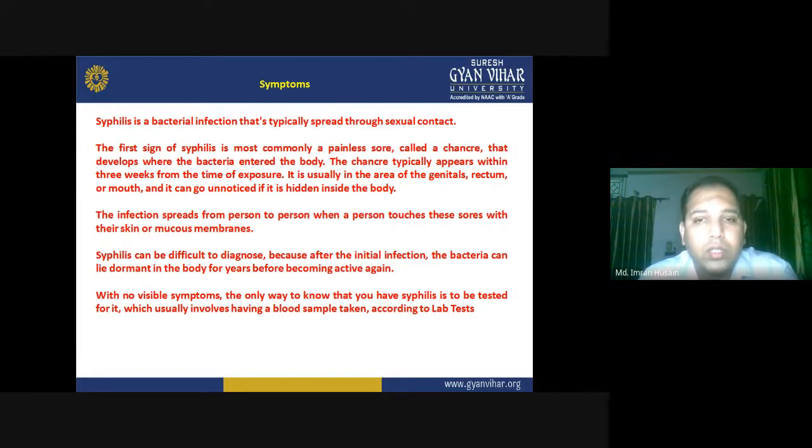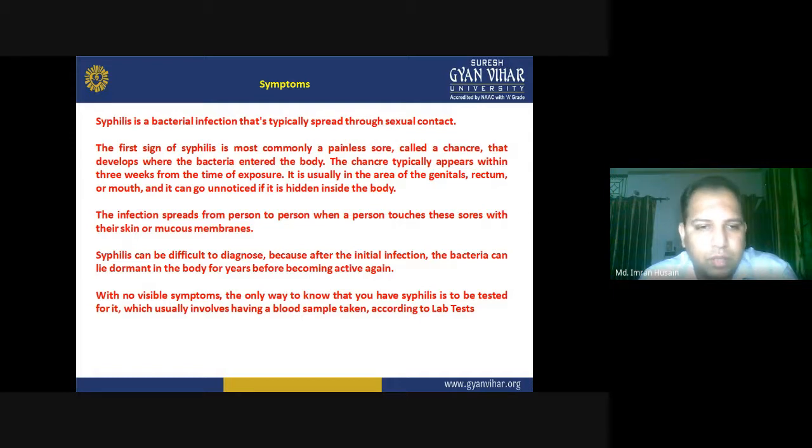It is usually in the area of the genitals, rectum, or mouth, and it can go unnoticed if it is hidden inside the body. The infection spreads from person to person when a person touches these sores with their skin or mucous membrane.